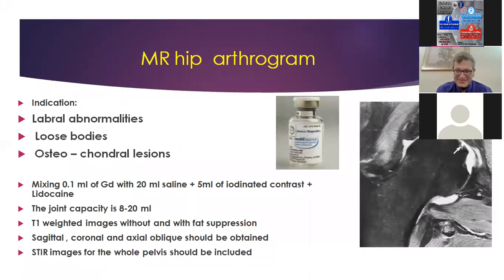What is the meaning of hip arthrogram, or MR hip arthrography? It means that we can introduce some contrast media intra-articularly to see labral tears, to confirm the labral tears actually, to see the osteochondral lesion, and to see some loose bodies. I think we can mix one contrast media for the MRI.